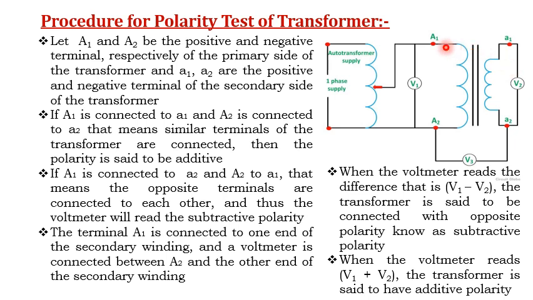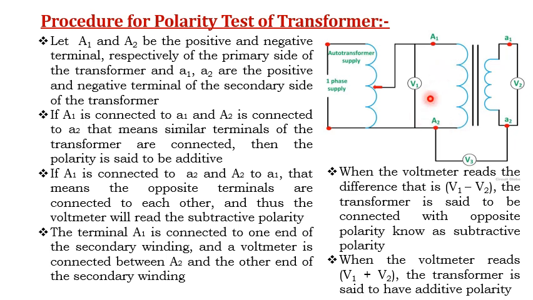If capital A1 is connected to small a2 and capital A2 to small a1, that means opposite terminals are connected to each other, and such polarity is said to be subtractive polarity.